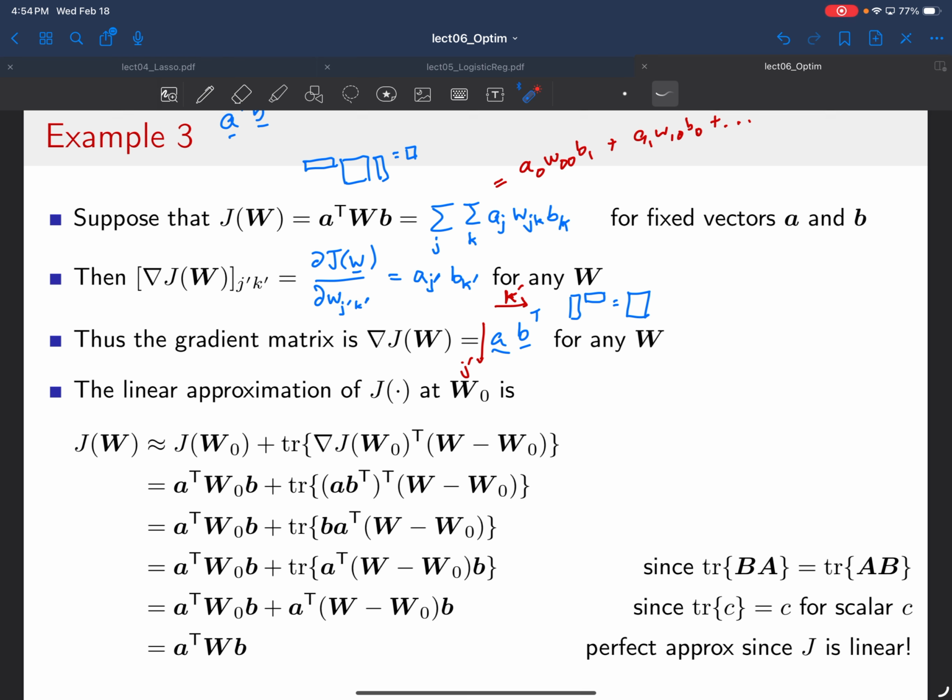What's kind of weird or maybe disappointing or surprising is that when we do the linear approximation of this function, we get back the original function, meaning the approximation is perfect. So does this surprise you, or does it kind of make sense? If you saw this and you said, what's the linear approximation of this? Would you think it's that thing itself?